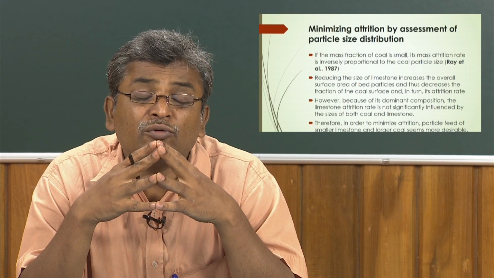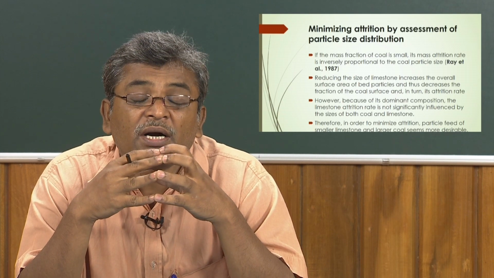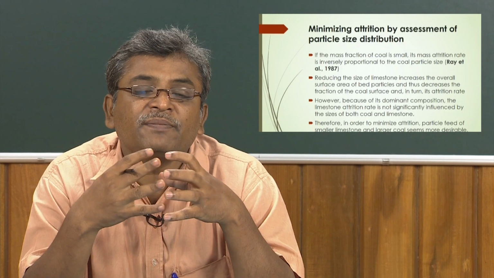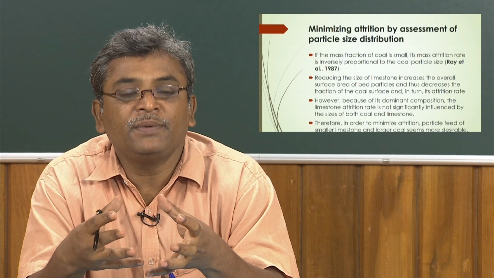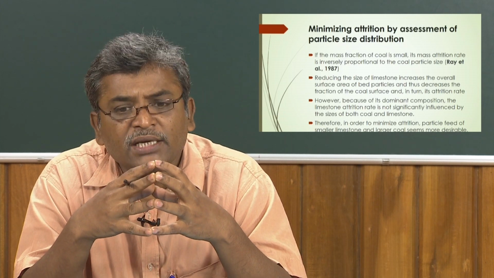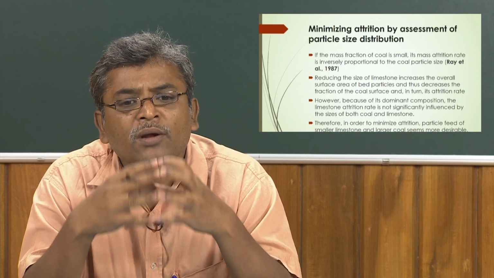So, you have to use the particle size wisely, so that you get the optimum surface area with the optimum attrition rate. Reducing the size of the limestone increases the overall surface area of the bed particles, and thus decreases the fraction of the coal surface, and in turn its attrition rate.